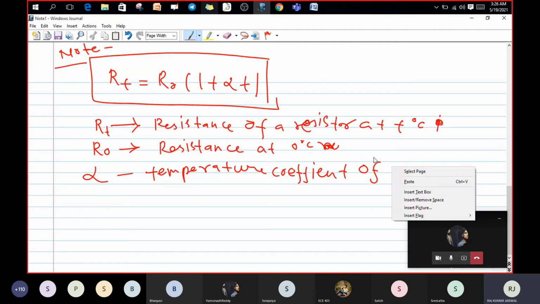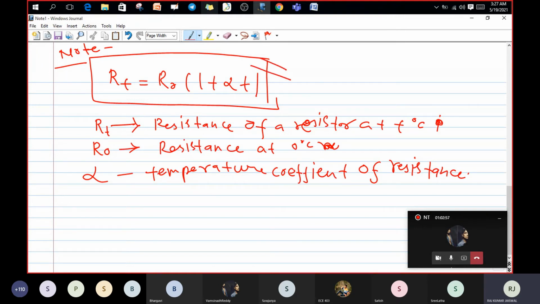Temperature coefficient of resistance. Could you see, guys, whatever I am writing? Note it down fast. RT is the resistance of a resistor at T Celsius. R naught is the resistance at 0 Celsius. Alpha is the temperature coefficient of resistance.